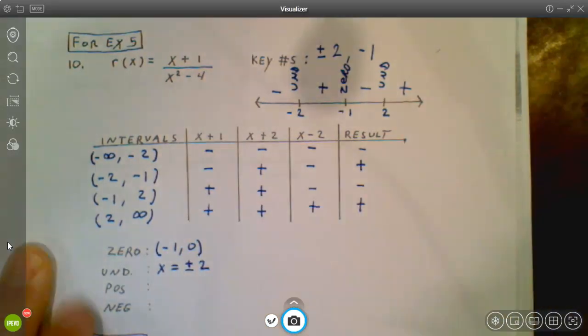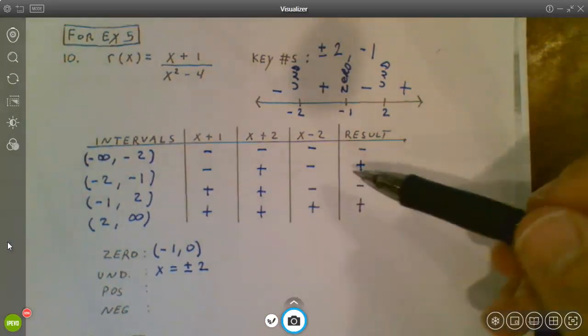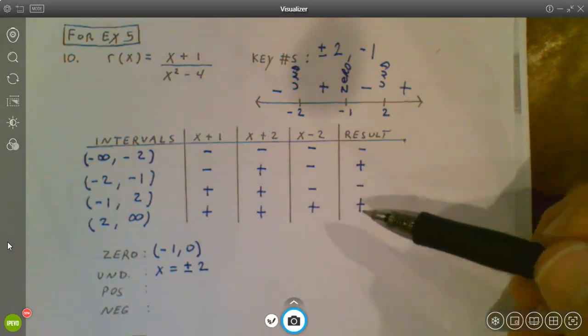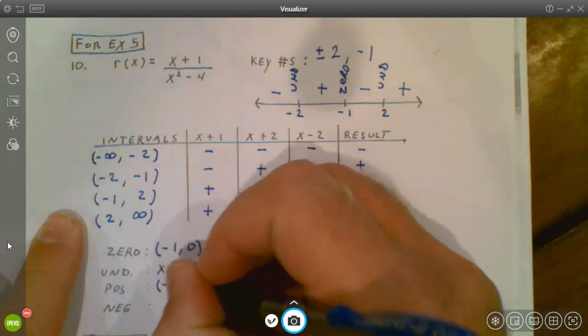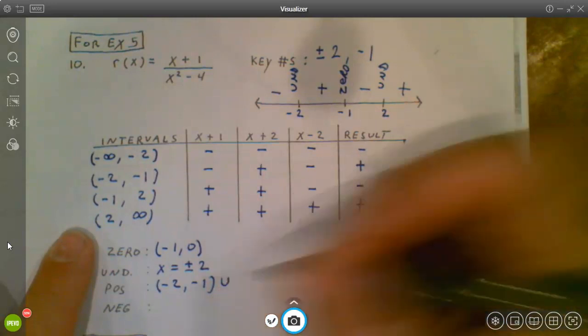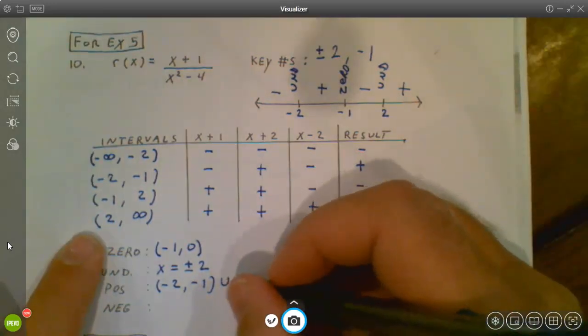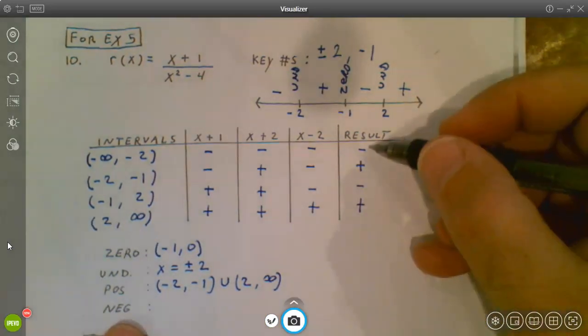So intervals where this was positive, we can see the plus signs right there. So from -2 to -1 is a positive section of the graph, as well as 2 to infinity. Negative sections would be these two.